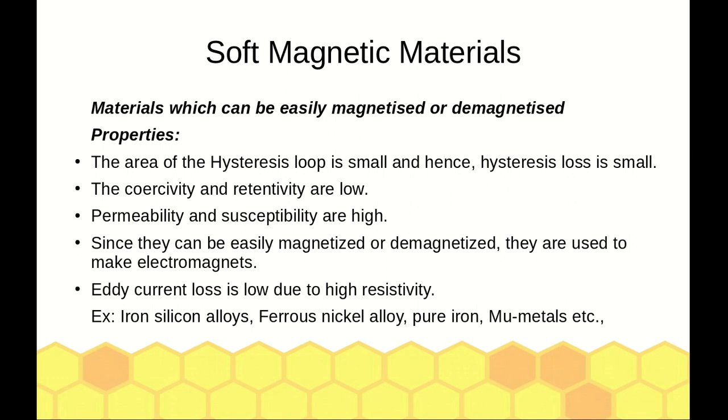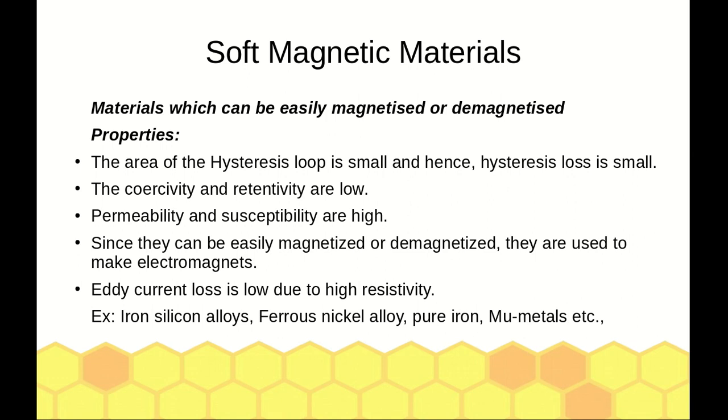Since this type of material can be magnetized or demagnetized easily, these materials are used to make electromagnets. Next, the eddy current loss of soft magnetic materials is low due to high resistivity.